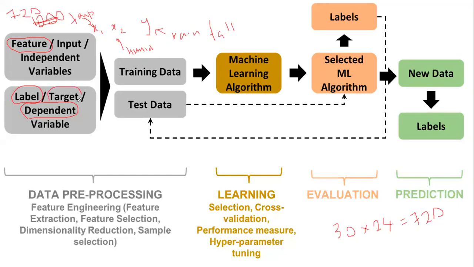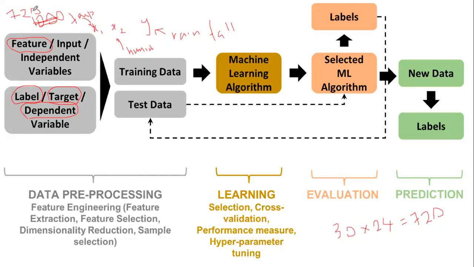Sometimes it is called the target variable as well. So what we do is first identify what the features and what the labels are. That we need to understand, otherwise we can't do this. This part is called feature engineering.